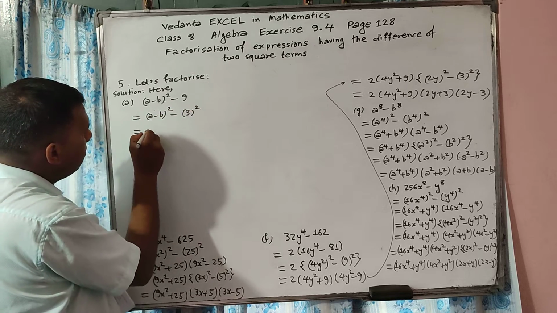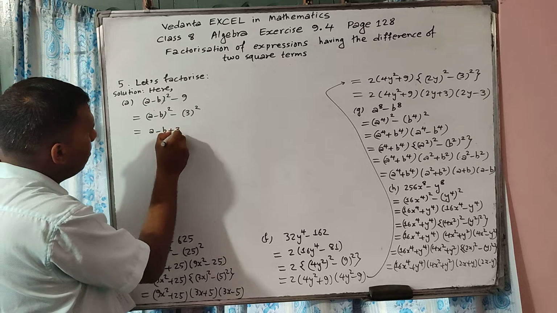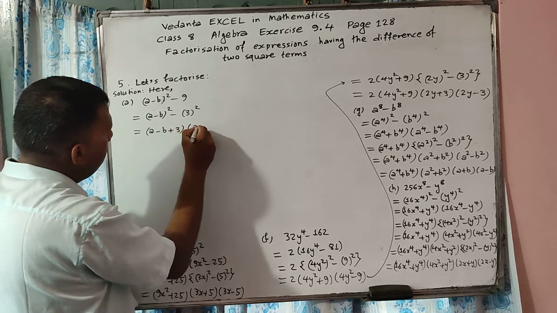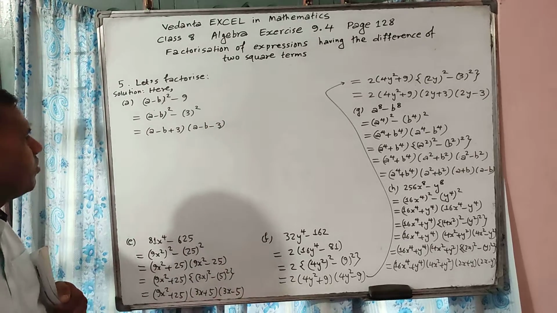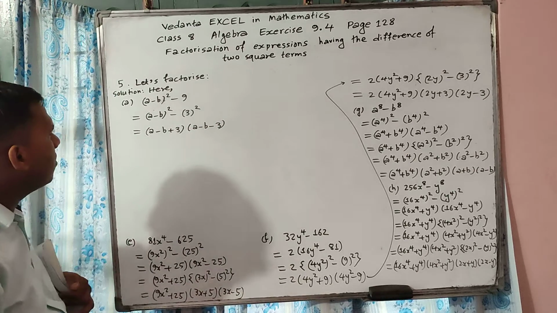This is equal to (a minus b plus 3) into (a minus b minus 3). A square minus b square, so using the formula (a plus b)(a minus b).